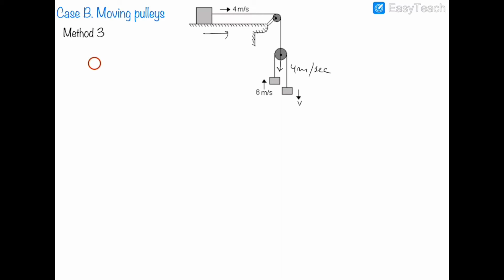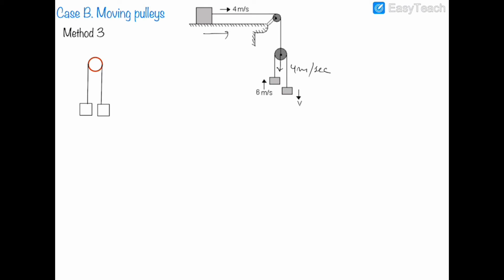Let's suppose this is a moving pulley, and there are two blocks attached to this pulley from both sides. One block is this and another block is this.